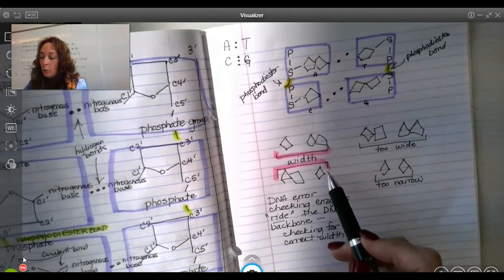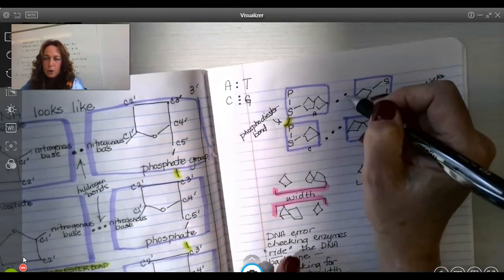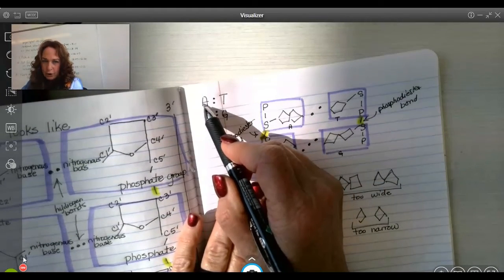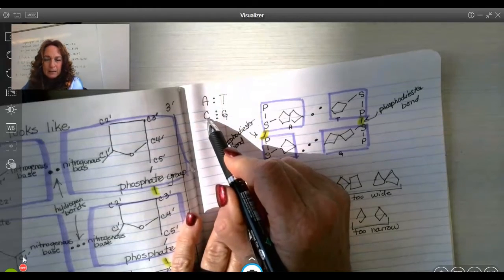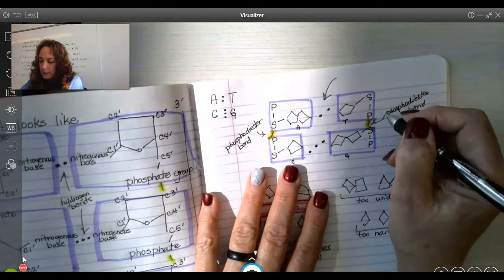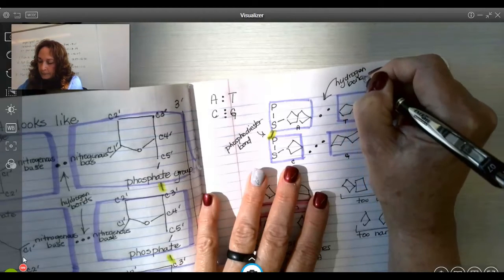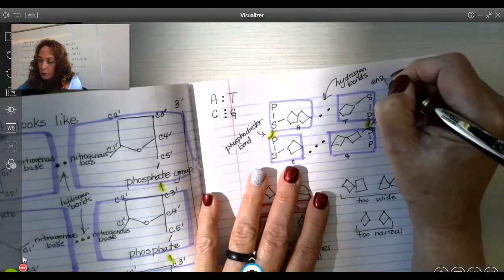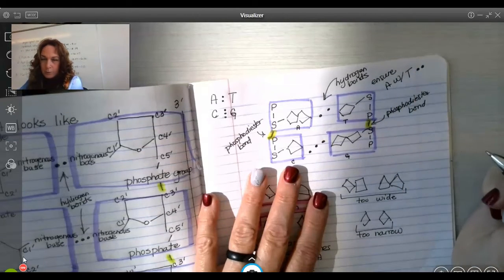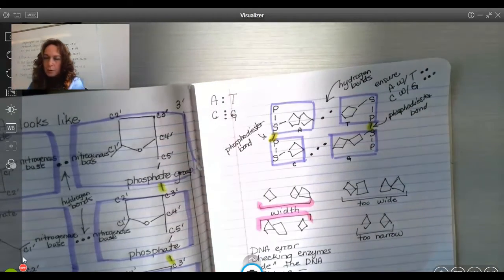And then the only way it's going to work here, if you think about this, if there's 2 hydrogen bonds, A cannot go to C because it won't hydrogen bond correctly. So your hydrogen bonds here are going to ensure that A is with T because there's 2 places, and that C is with G because there's 3 places.